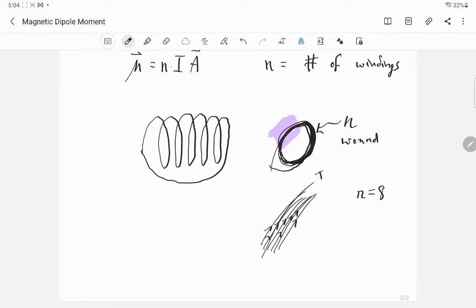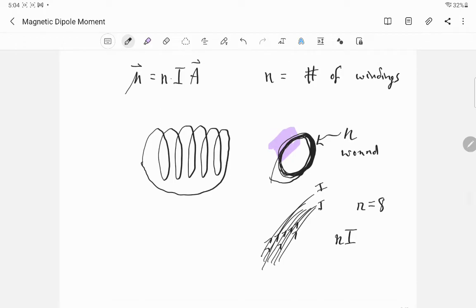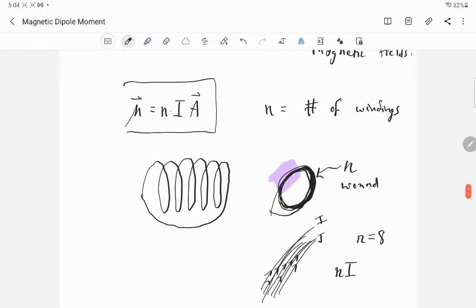And if each one carries current I, then the total current that's being carried through this leg of the coil is 8 times the current of each wire. So we can say that the magnetic dipole moment is increased if you have multiple windings. And it's increased simply by the factor, or just the number of windings as a factor.